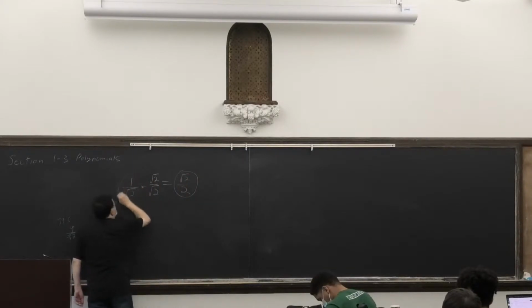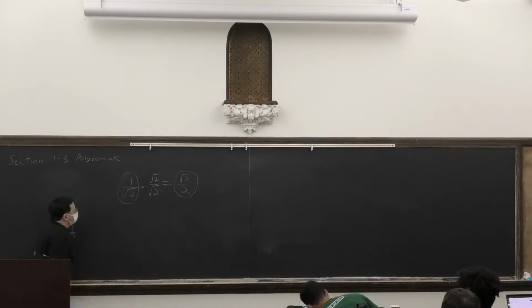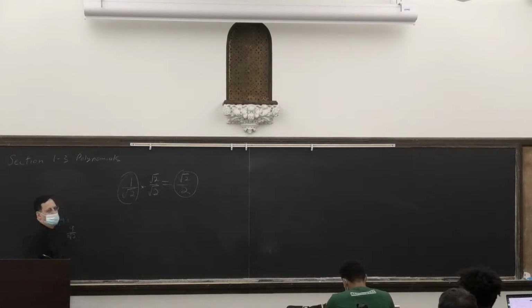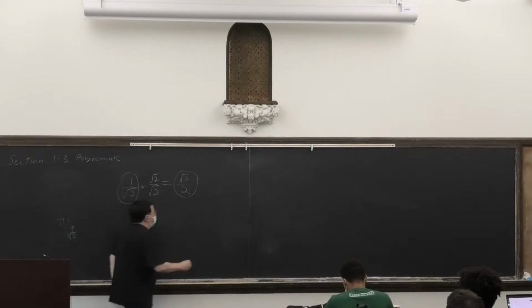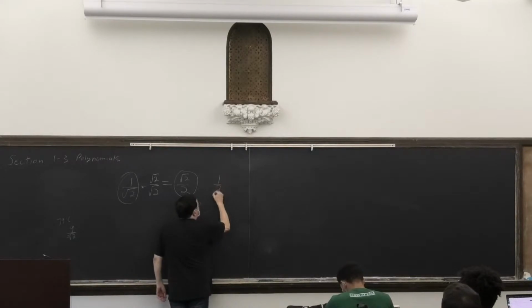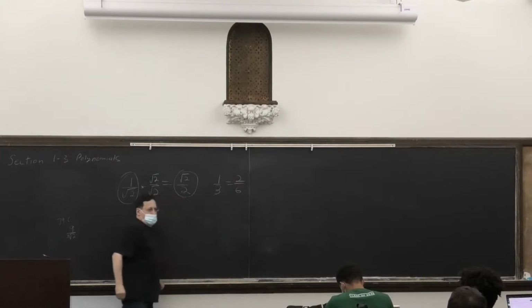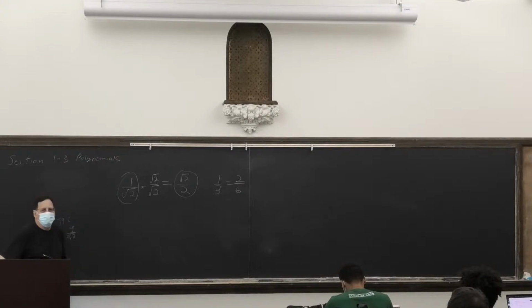So these are perfectly equivalent versions of some number. You might want to think of it as like, well, 1/3 is 2/6, right? It's the same number, it's just you can write it in different ways.